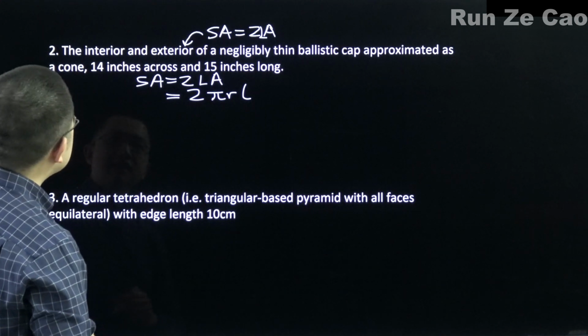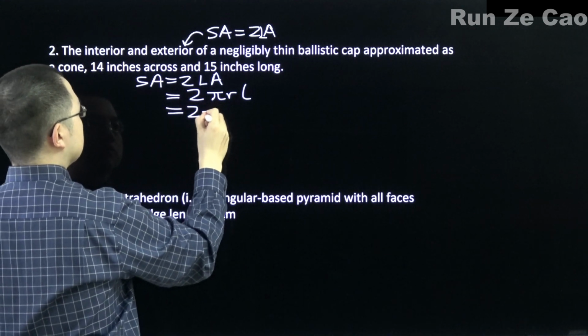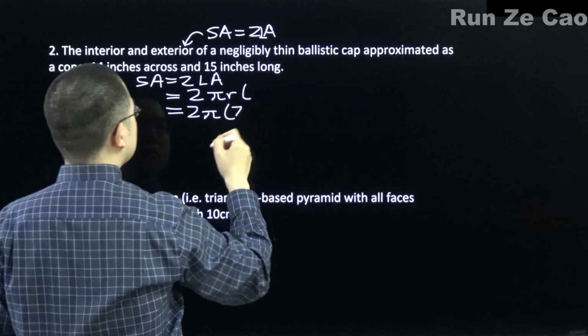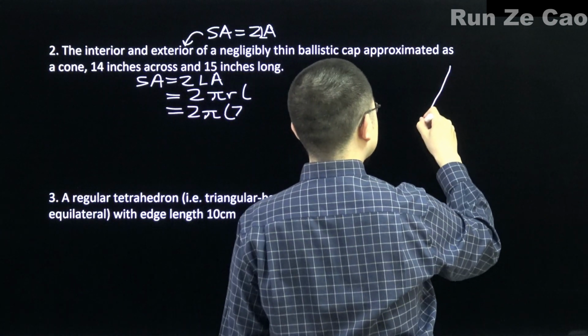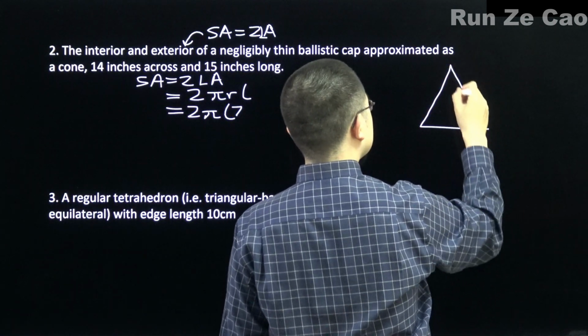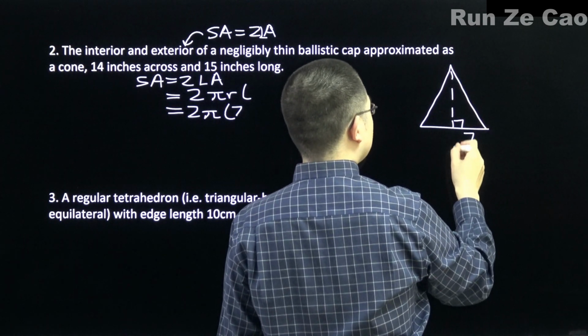It's 14 inches across, so the radius is 7 inches. 2 pi times 7. And 15 inches long. So this is 7.